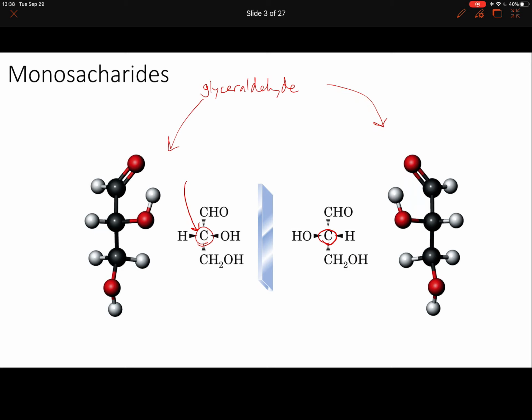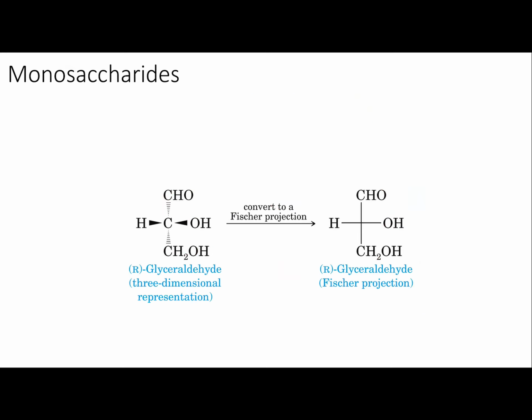Now, we use these representations, not the ball and stick representations on the sides. We use these inner representations called Fischer projections. These are two-dimensional representations for showing the configuration of these tetrahedral stereocenters. I think I have a better picture for you here. The horizontal lines here represent the bonds coming forward from the stereocenter.